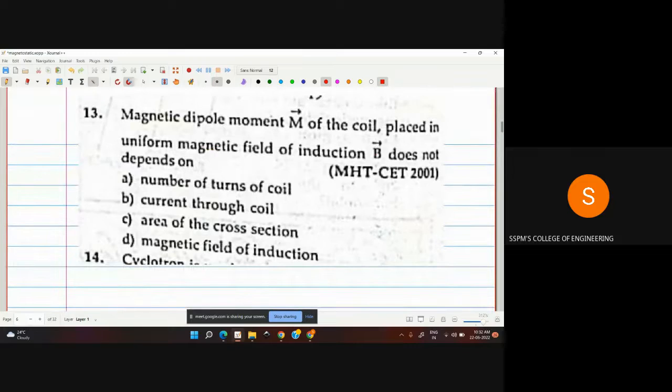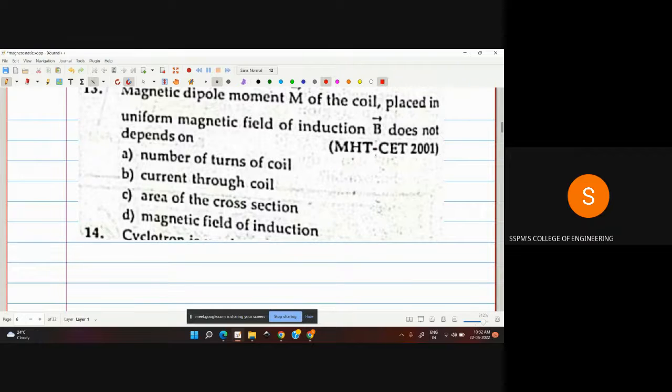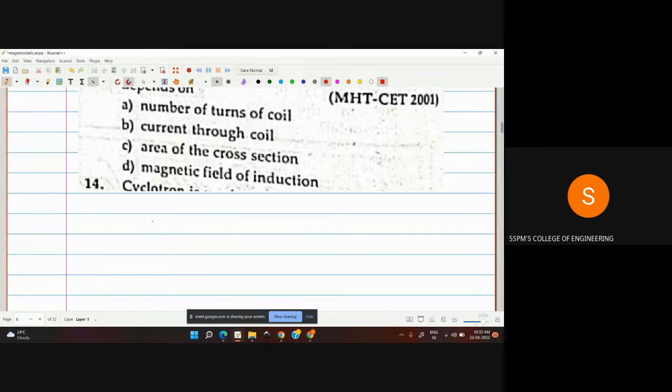Next example: the magnetic dipole moment M of a coil placed in a uniform magnetic field of induction B does not depend on what? Now this question is dealing with the galvanometer itself, and you know the torque exerted on the needle is equal to mu bar cross B bar, where mu bar is the magnetic moment, isn't it?